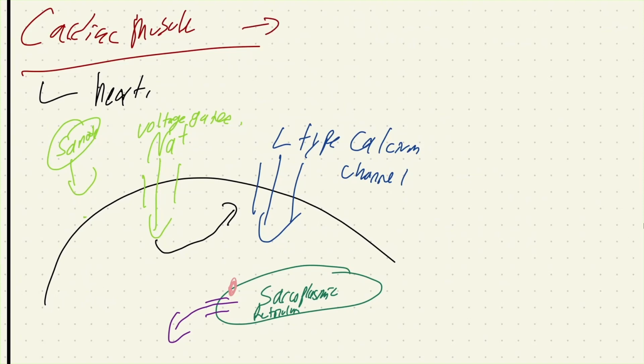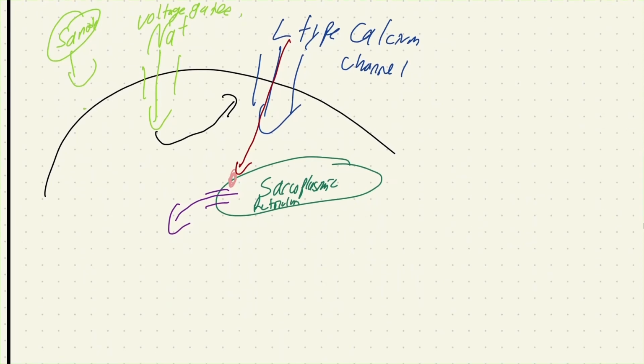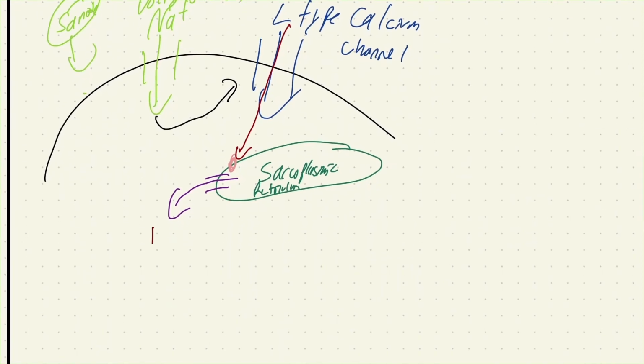It's known as the calcium induced calcium release, because, well, you see here calcium's coming in, and that's what's allowing it to bind to the sarcoplasmic reticulum, which is allowing for more calcium to come out. And then calcium comes in, ryanodine receptor, and then it's going to bind to troponin.